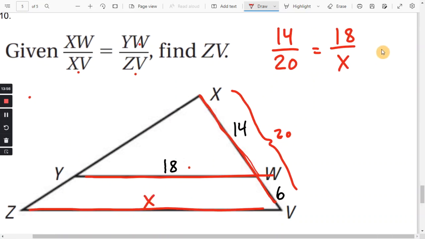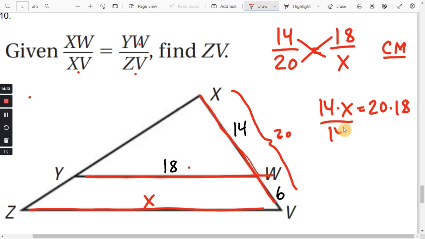All right, and you want to cross multiply. 14 times X, and that's going to equal 20 times 18. All right, this is 14 times X. Divide both sides by 14. It cancels, and you can use your calculator. Maybe I can do this, let's see. 20 divided by 2 and 14 divided by 2.